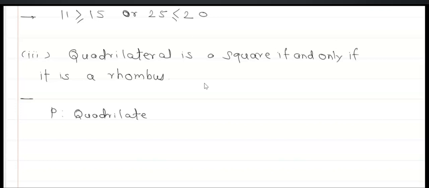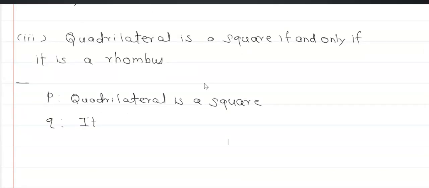Now first of all, we write the statement P: quadrilateral is a square. Second, Q: quadrilateral is a rhombus.